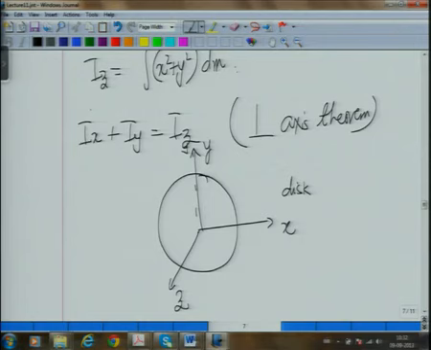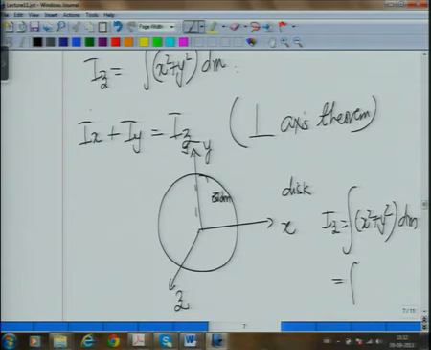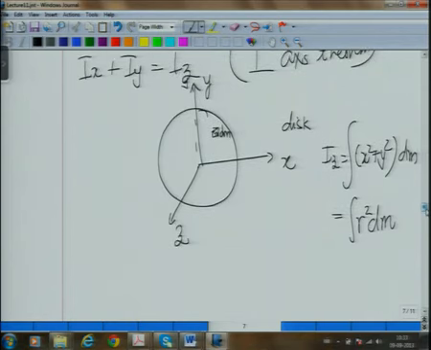Now Iz is equal to x square plus y square dm. So if this is a point where your dm is, so this one can write it as r square dm. Okay, and now you can work out dm.